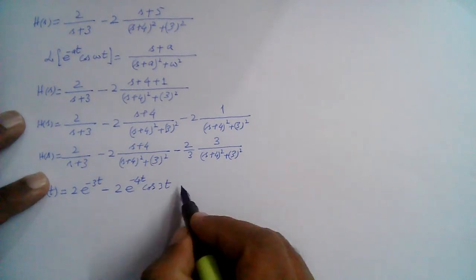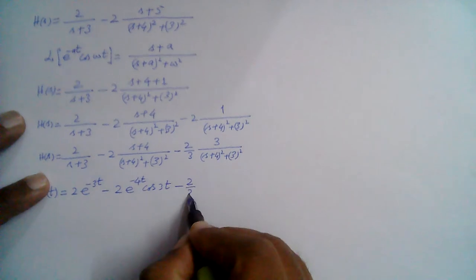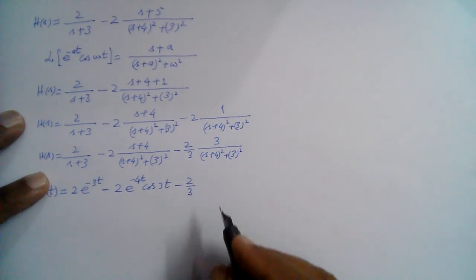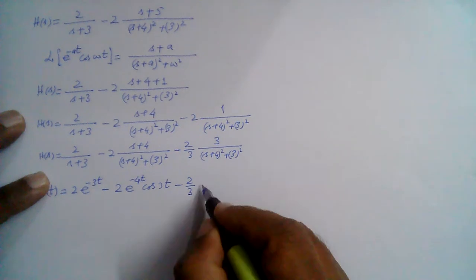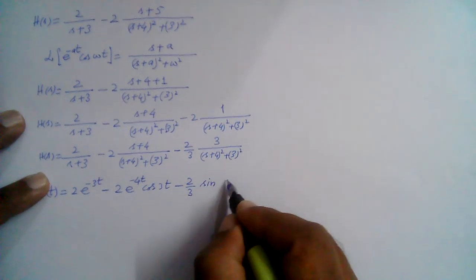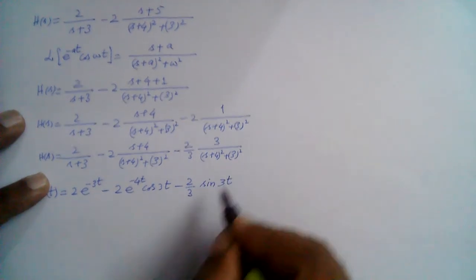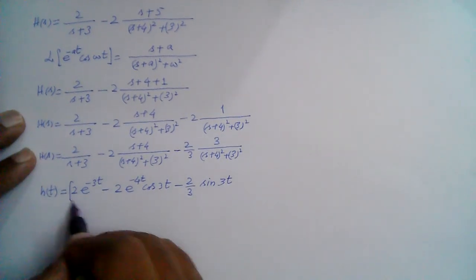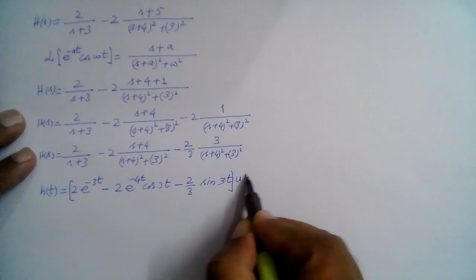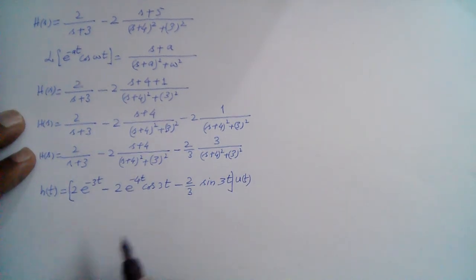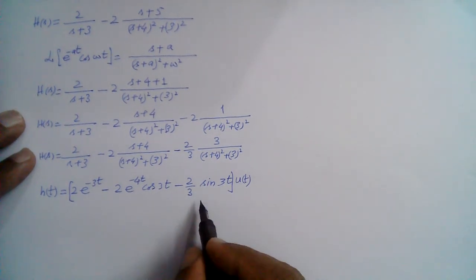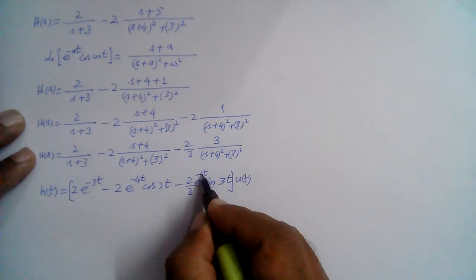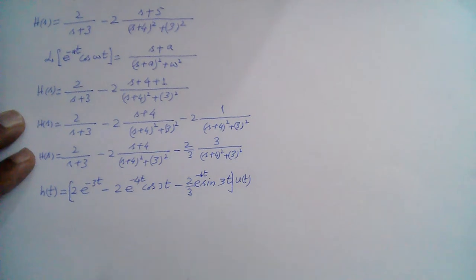And for this it is minus 2 over 3, and this is sine 3t, right? And we enclose whole of this term with u of t here, and we have e raised power minus 4t here also, right? E raised power minus 4t sine 3t.